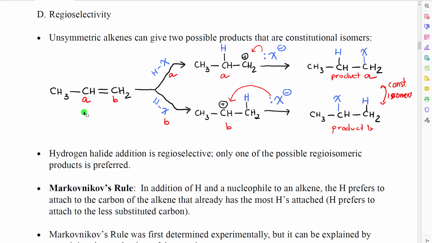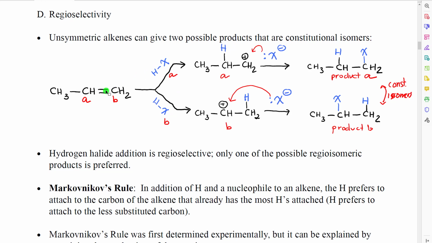Imagine that we used this alkene as the reactant. The 2 carbons of the alkene are not equivalent. The left one has a methyl and a hydrogen, whereas the right one has 2 hydrogens attached. We're going to label these 2 carbons as A and B. So now imagine what would happen if we reacted that with hydrogen halide.